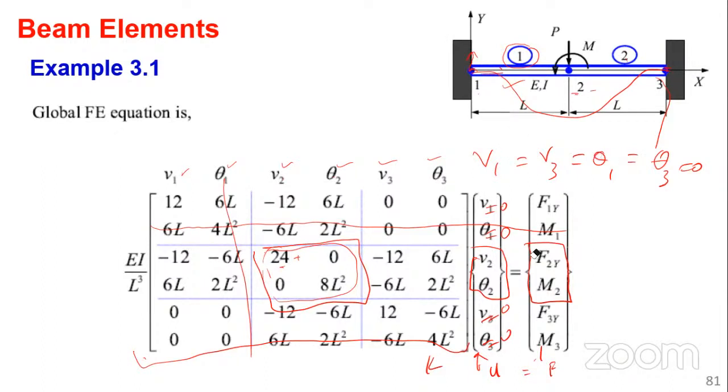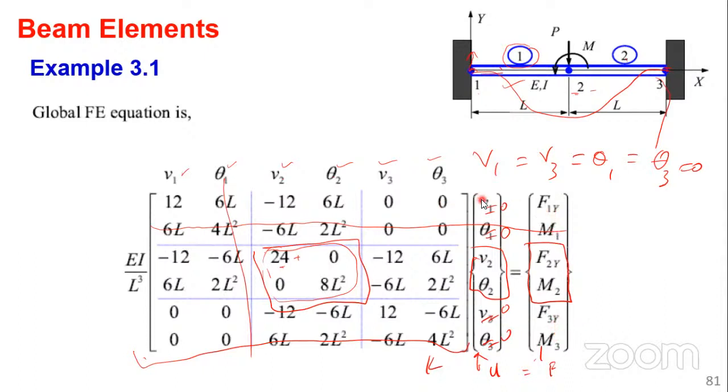Okay. What we are saying is you just have to come here, and as you can see, you have determined this quantity. You have V2, theta 2, you already know V1, theta 1, you already know V3, theta 3, you already know F2, M2. So to get the other reactions, what is remaining is F1y, M1, F3y, M3.